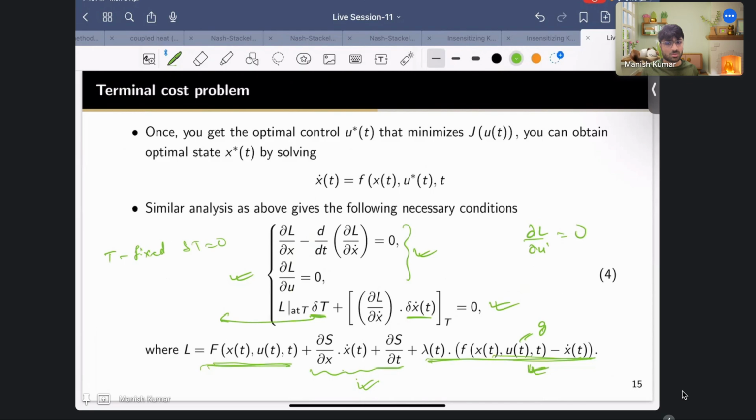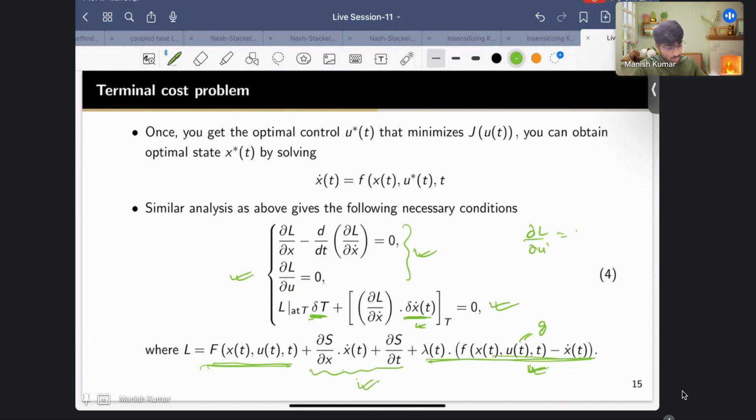So it is appearing in this equation because of whether T is varying or not. And this condition is appearing whether the terminal data is varying or not, or is it fixed or not. So this corresponds to the terminal data, whether it is fixed or not, and this corresponds to the final time, whether it is fixed or not. It will be more clear when we go to an example probably.